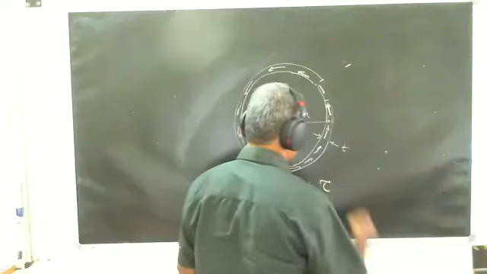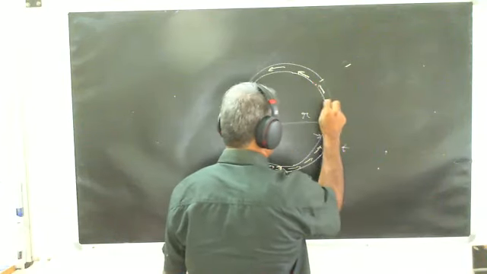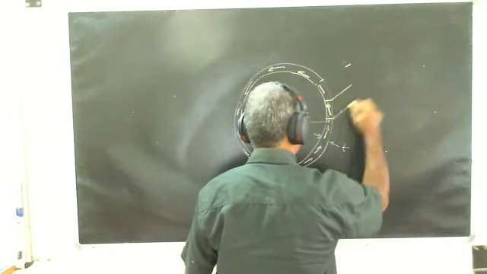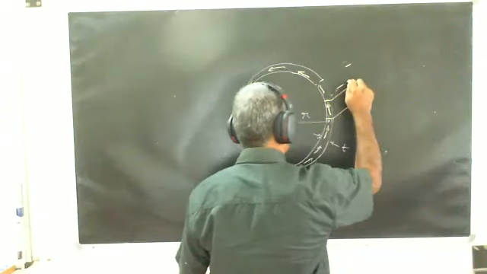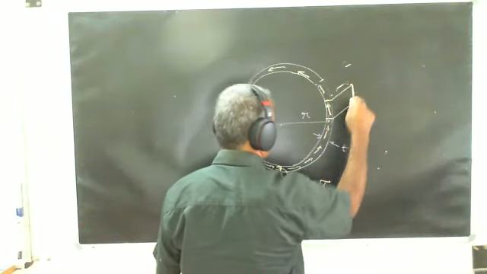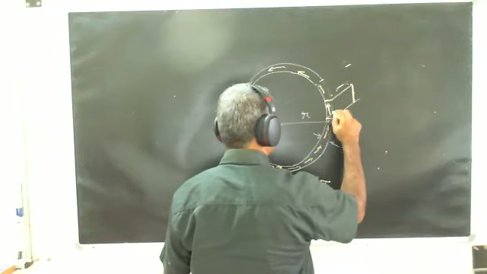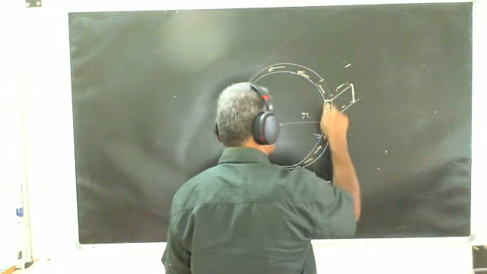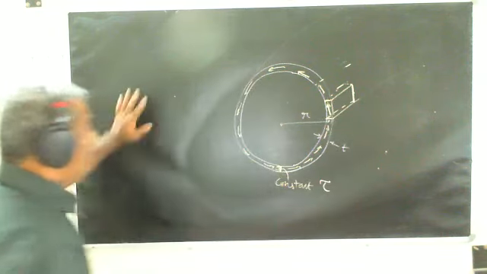Maybe here it's easier this way. Okay, I'll take it like this. So I'm going to take a section like this. Okay. Let me draw the section over here.